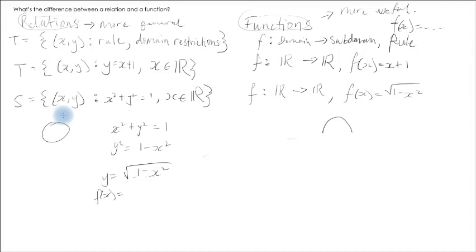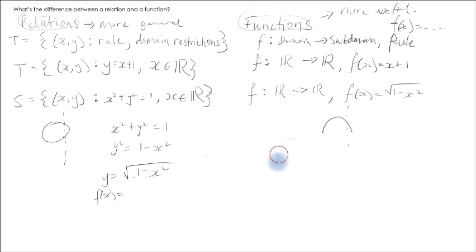So if you put a vertical line through this relation, the circle, it's possible that it will cut through at 2 points. Whereas if you put a vertical line through this one, it'll only cut through at 1 point. So if it only cuts through at one spot, that means it is a function. In other words, for every x value, there's only one y value.